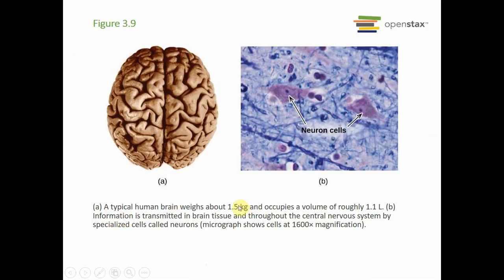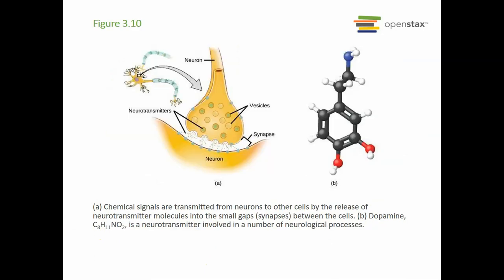A typical human brain weighs 1.5 kilograms, occupies a volume of roughly 1.1 liter. Information is transmitted throughout the central nervous system by specialized cells. My specialized cells are wondering why we're talking about this.